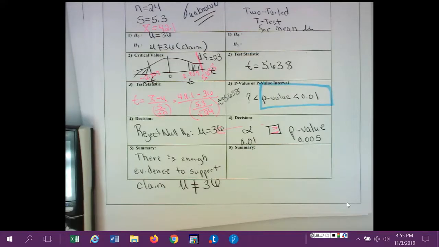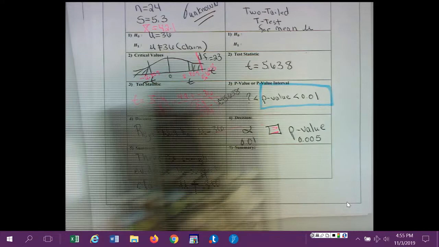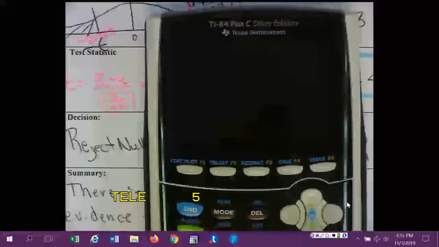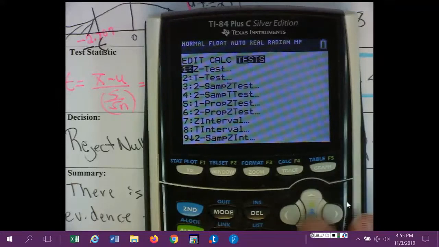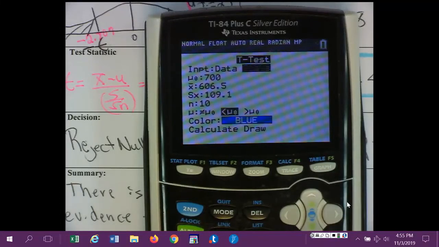Now, the calculator will give you a specific p-value for this same problem, and then we will be done with this particular video on t-testing. Go to Stat, Tests, and t-test, and you will go to your claim number of 36. So that's your setup, equal to 36, no longer equals 36, step 1.